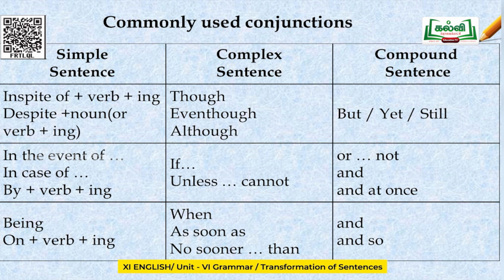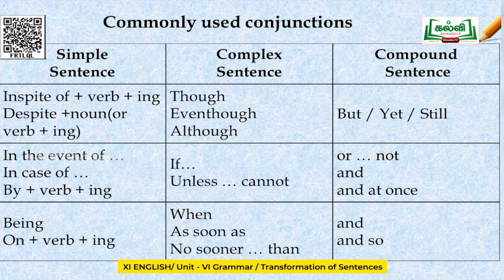Alright? Now we'll move on to the second set. For the complex sentence, if conditional clause. The other conditional conjunction is unless. For this, the related compound conjunction, coordinating conjunction is or and not.